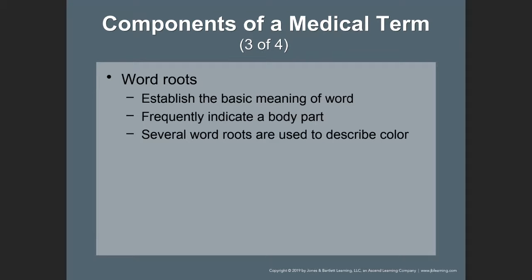Word roots establish the basic meaning of a word, frequently indicate a body part. Several word roots are used to describe color. And I mean, there are many examples of that. Leukocytes, white blood cell, erythrocytes, red blood cells.